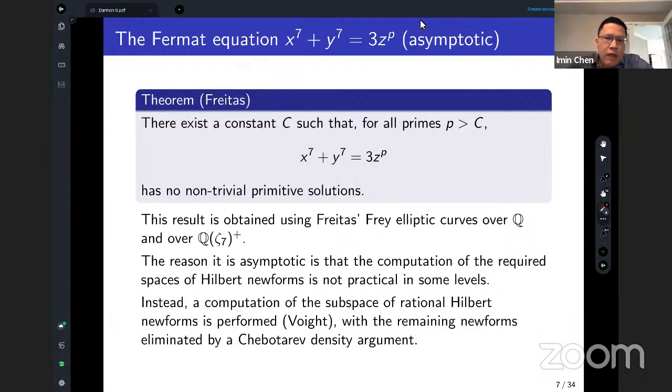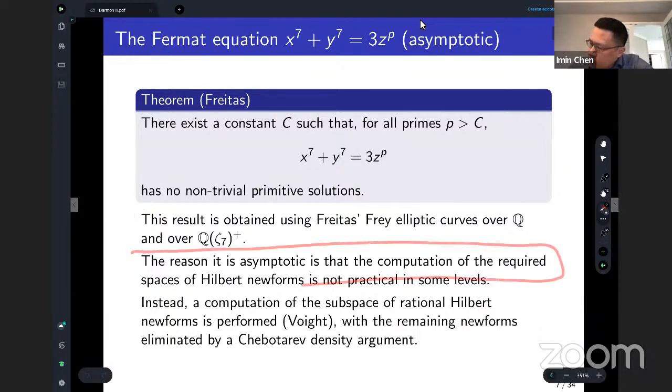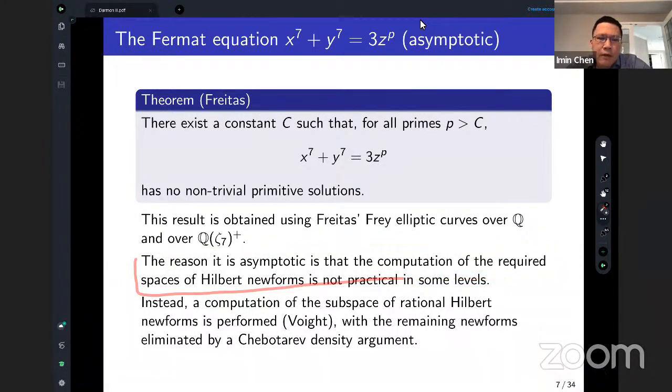So in applying the modular method, one finds that to resolve all the cases, like we did for r equals 5 and 13, some of the levels of the spaces of Hilbert newforms are not practical to compute. And this is coming up in the elimination phase where one has to compute all of the Hilbert newforms at that level. And instead, what was done is to compute the subspace of rational Hilbert newforms, and this was done by John Voight.